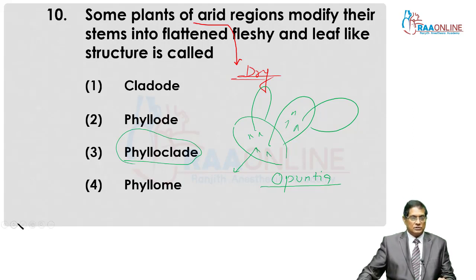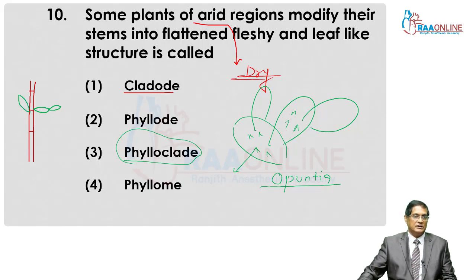Let's know the other terms also. First one, cladode. It is also a modified stem. See this one. This is the normal main stem, and these are the nodes. From nodes, branches arise, and you see these branches are leaf-like green, one or two internodes long.